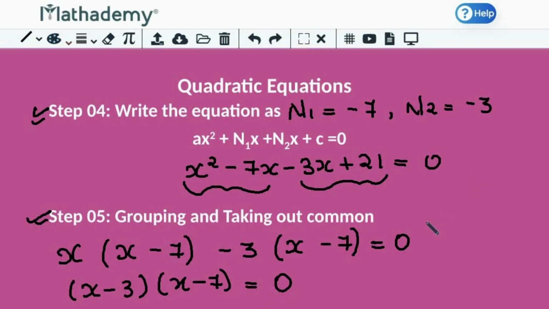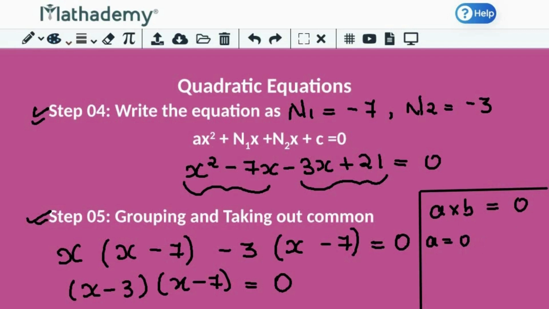Now let us have a look over here for time being. If I say a into b is equal to 0, this means that either a is equal to 0 or b is equal to 0. This also means that a is equal to 0 and b is also equal to 0. Am I correct? Same implies over here as well.